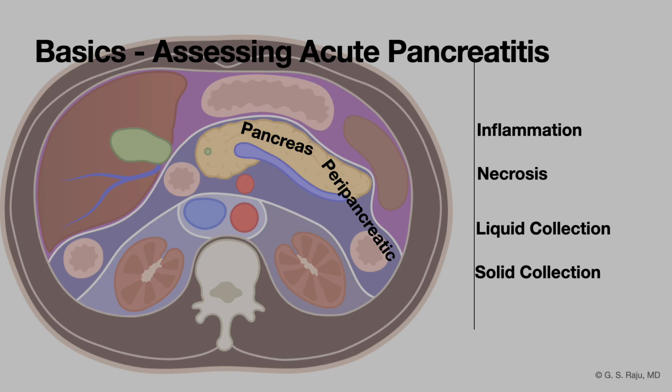Or is it necrotizing pancreatitis with liquid collection in the peripancreatic tissue and also necrotic solid collection? So let us look at some CT scans to understand these four different components.